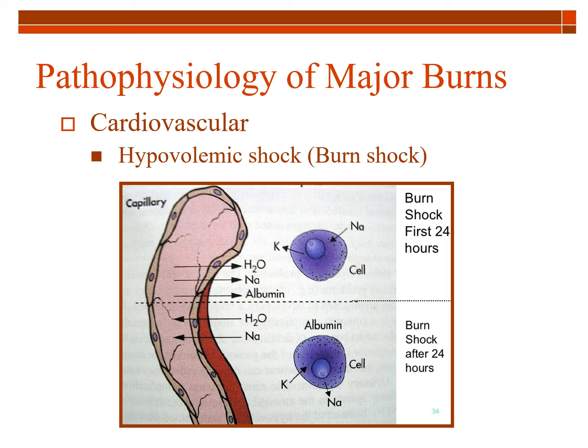So again, toward the end of that emergent phase, capillary membrane permeability is restored if fluid replacement is adequate. Interstitial fluid gradually returns to the vascular space. Diuresis occurs and the urine has a low specific gravity.